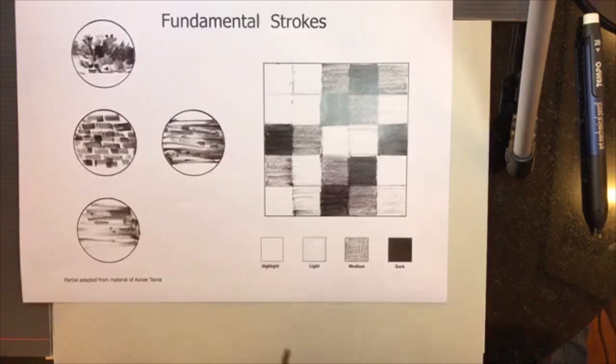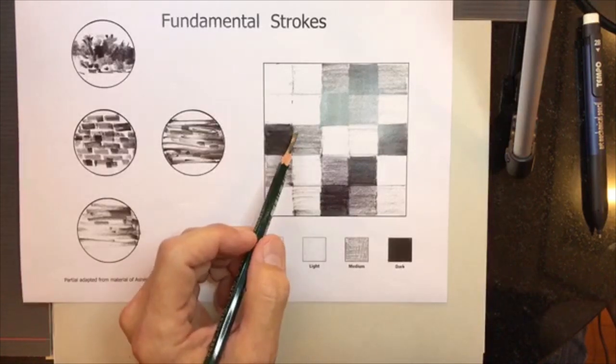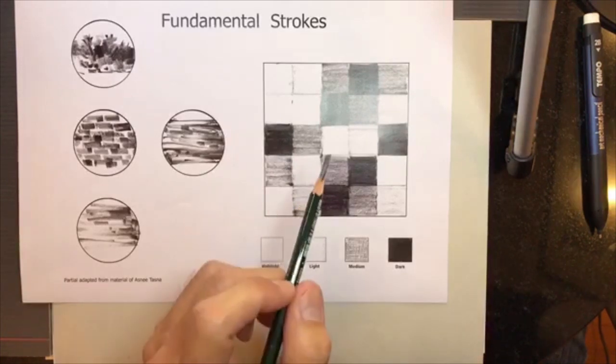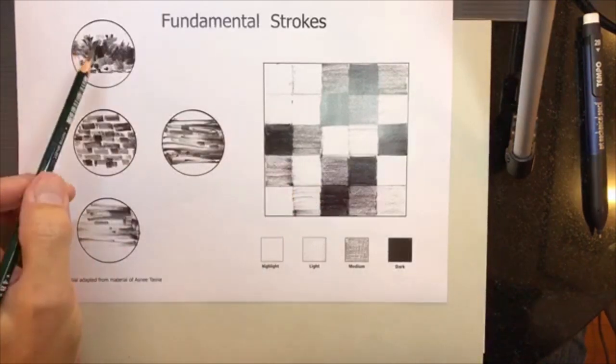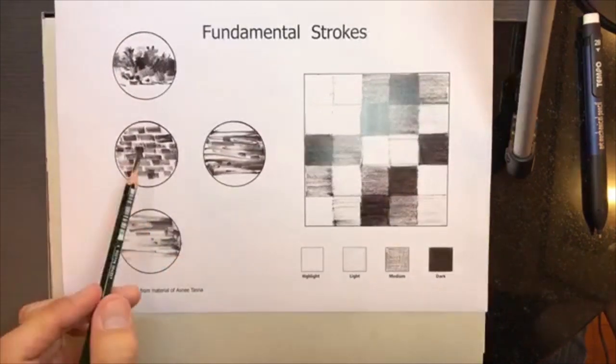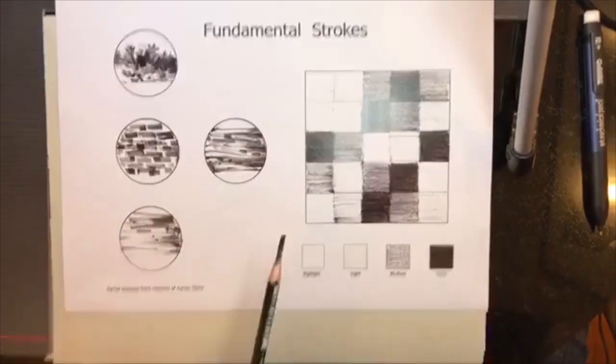So we sketch just light, medium, and dark in our picture and get some extra light when we leave the white paper. So we will practice to use the different tone for the tree or for the brick wall or for the wood or for the earth, something like this.